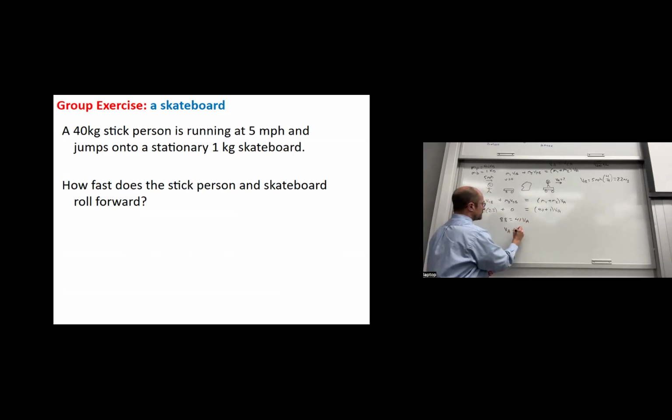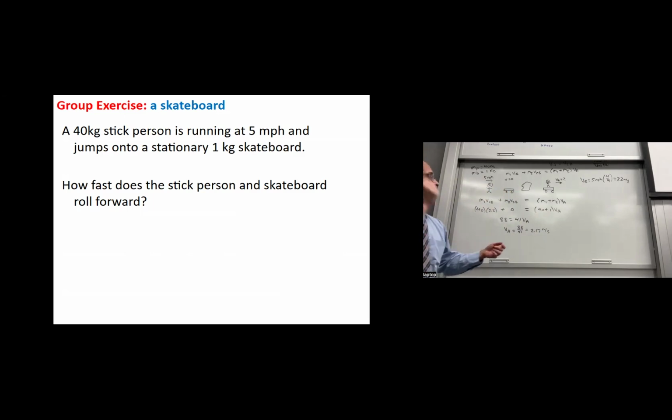So our V after is 88 over 41, which should be just under 2.2, so 2.17. Usually your final velocity in a problem like this will be smaller than one of the initial velocities because you have a combined mass in the system. So usually you'll slow down.